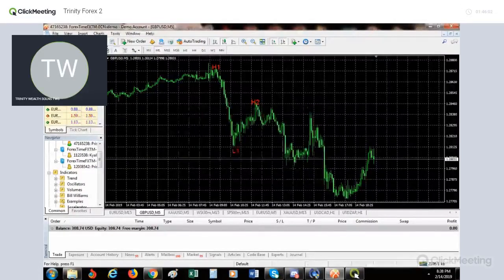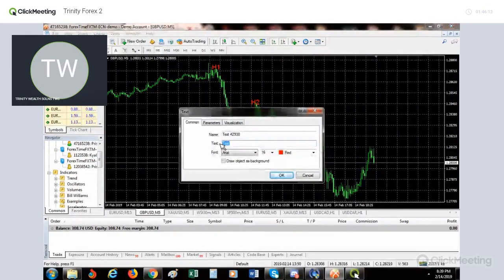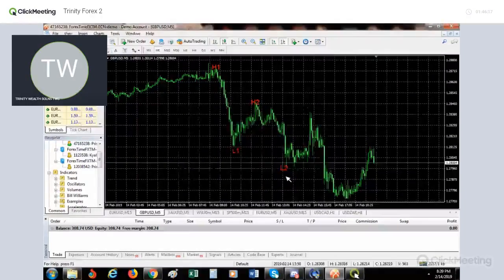That's our L1. And now we have one of the scenarios on the other side. That's our L2.